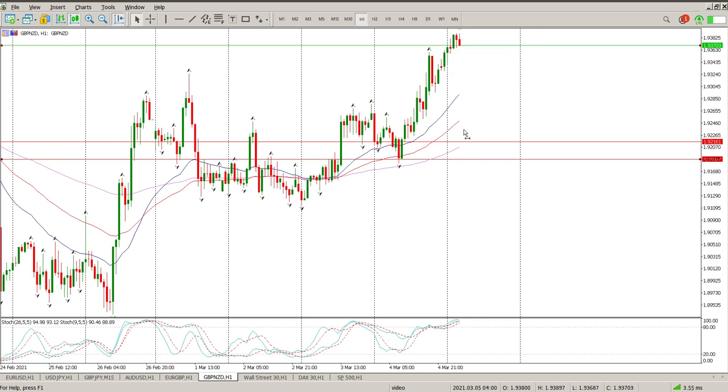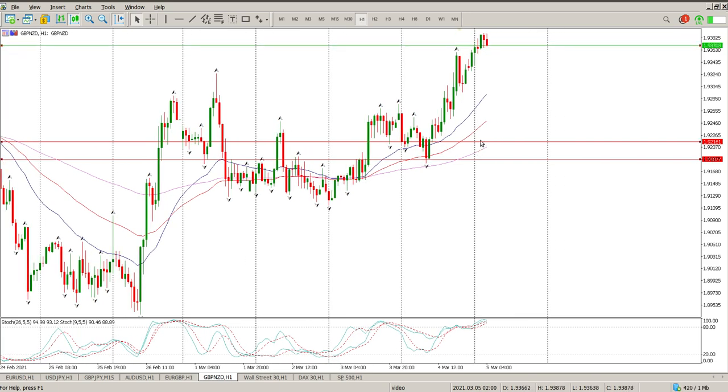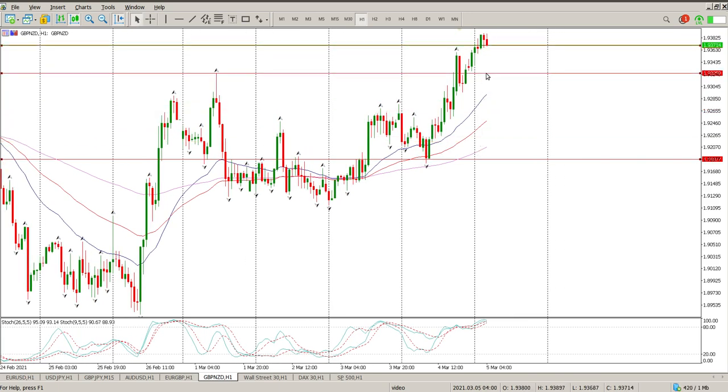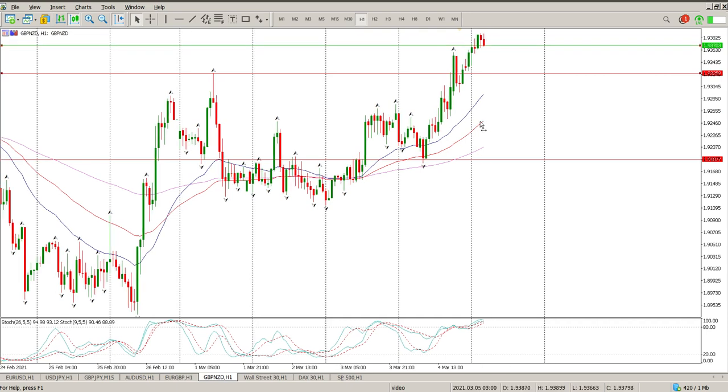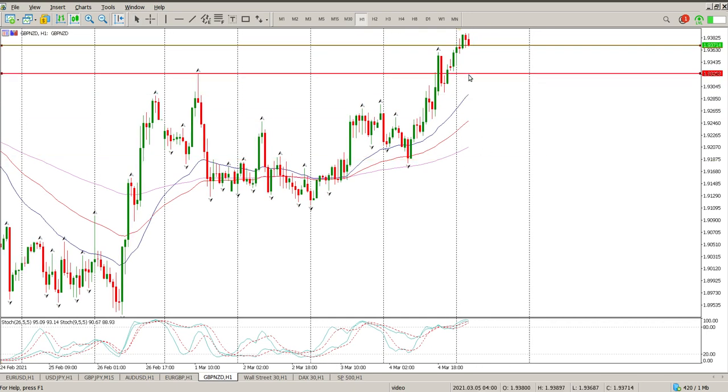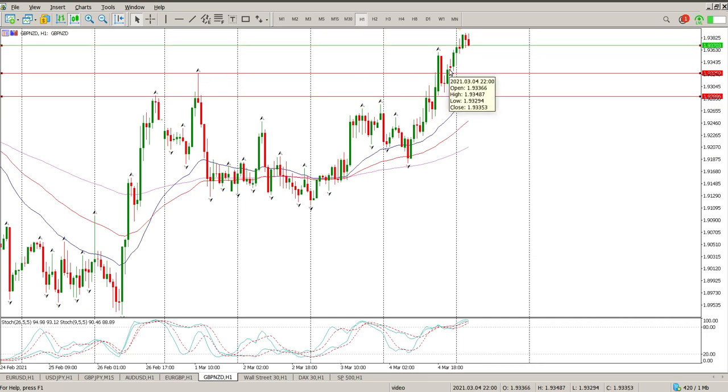But I would be looking for pullback on structure here. So just do this. That would be the first area, and that would be the second area there, picking up that tail, picking up this tail. And there's a gap here. See the gap? Definitely looking for pullback into here. So that is 193,259.